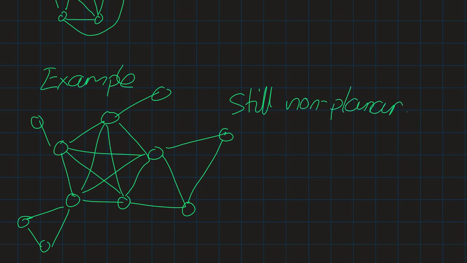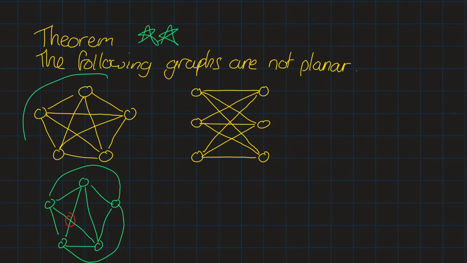It's non-planar because this bit here is non-planar, and by adding extra stuff I can't simplify the graph, right? By adding extra edges and vertices, at worst you make it more difficult to be planar, but you can't make it more likely to be planar. So this is still non-planar because it secretly has this archetypal non-planar graph living inside it.